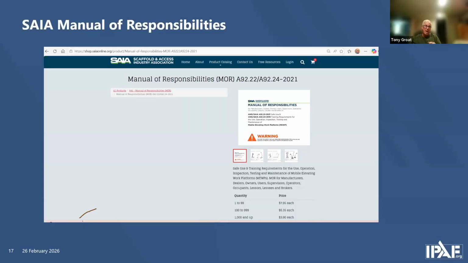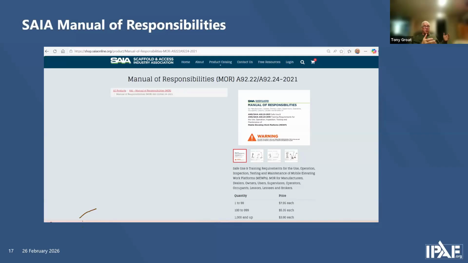And within the scope of that, the SAIA has developed what are known as manuals of responsibilities. And they have one for the A92.22 and 24 standards. And again, 2021 is the current publication.